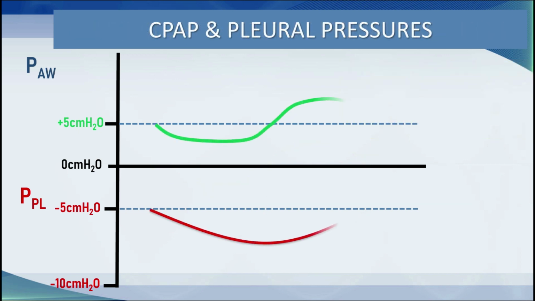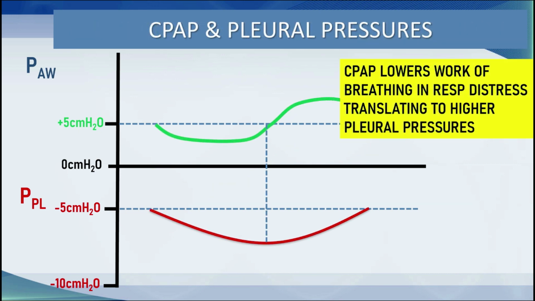By giving the patient CPAP, you're increasing the baseline airway pressures. The thoracic pump needs to work just a little bit less hard, so you can see that the pleural pressures have now moved upwards back to where they were to generate the tidal volume that you're looking for. And so the patient has less stress on their system, will work less hard and consume less oxygen.